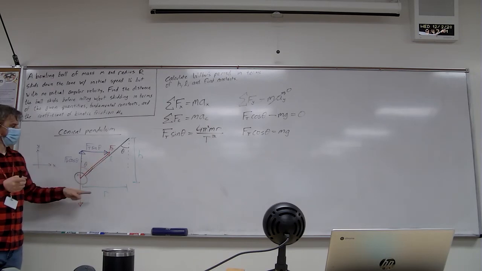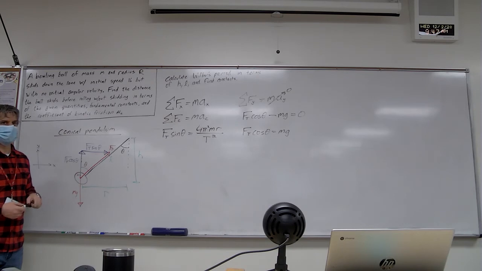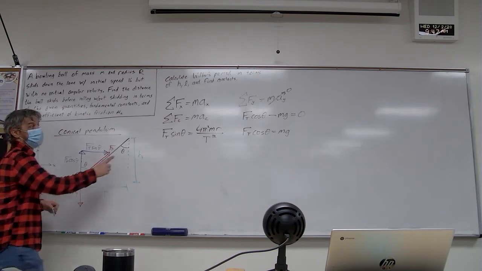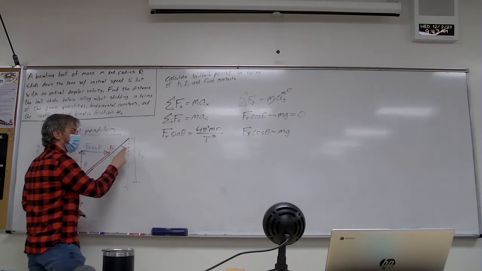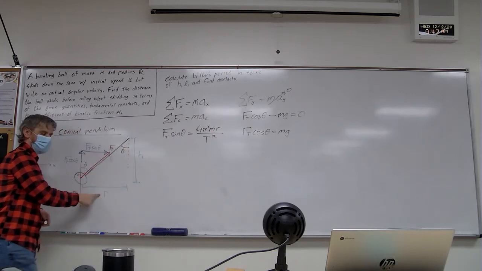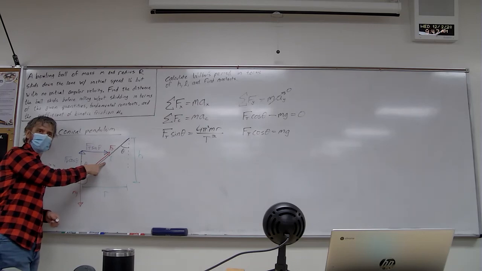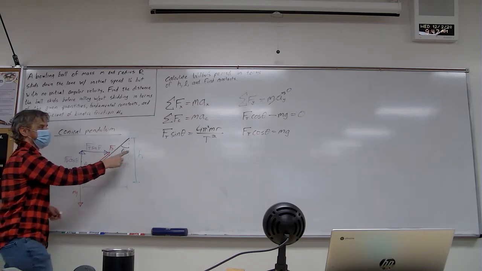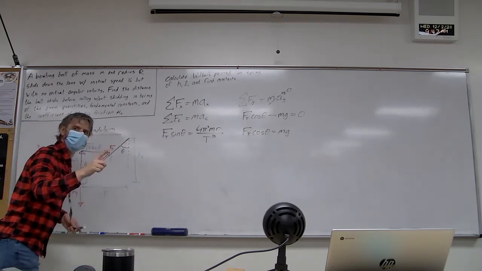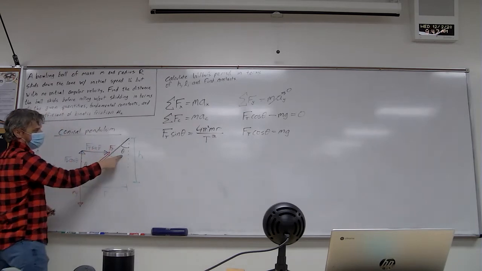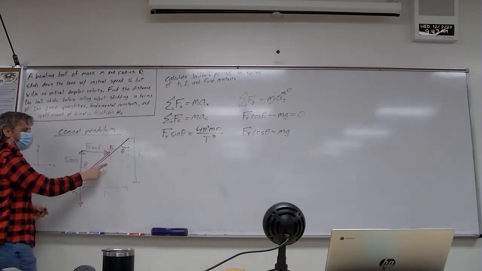R and the H correspond with the sine and the cosine. Sine of theta is equal to R over L. Sine of the angle is R over L.